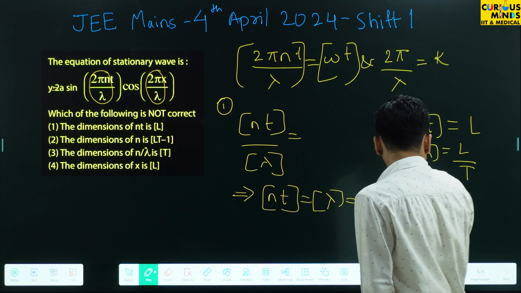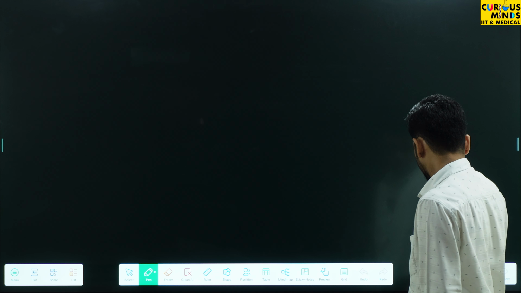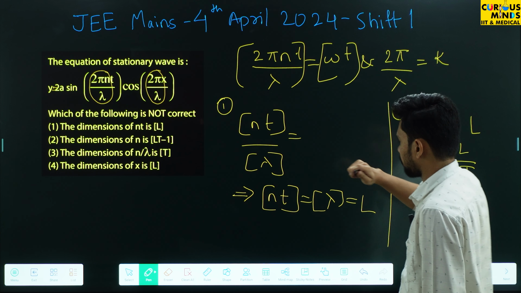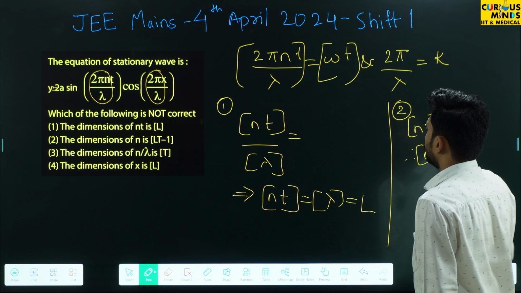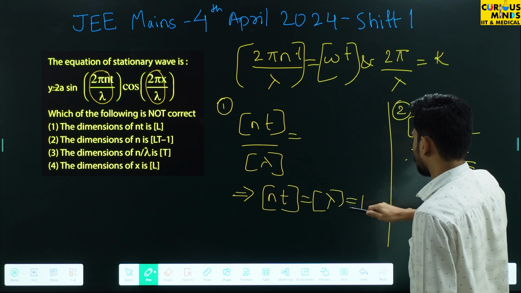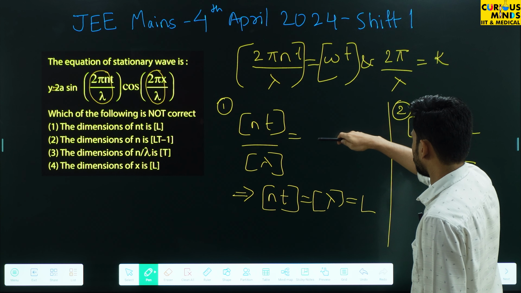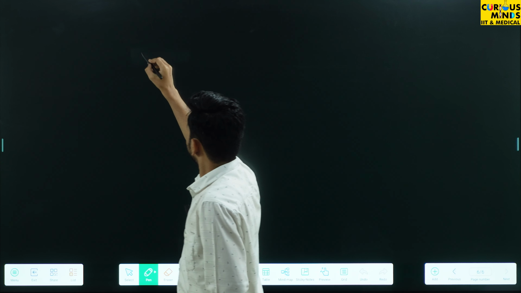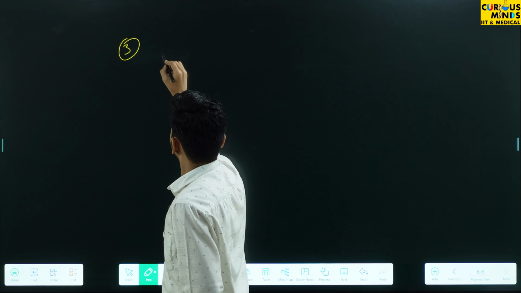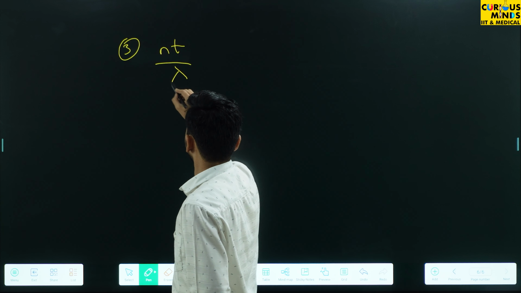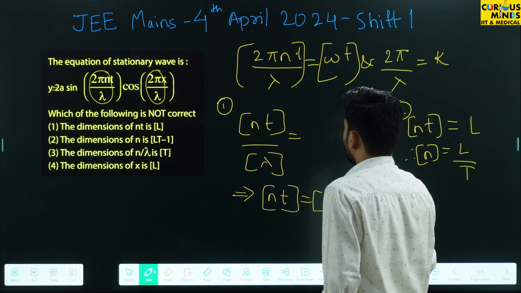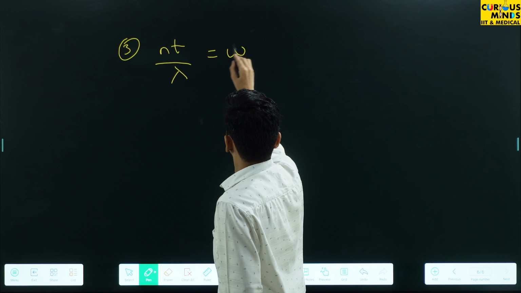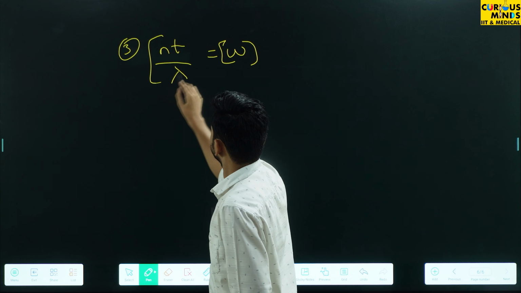What about the third one? In the third one, they are asking us about n by lambda. And what all do we know? We know that nt by lambda is omega, dimension wise.